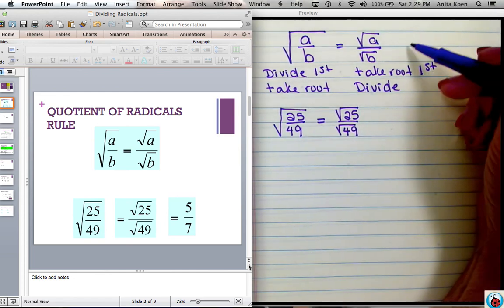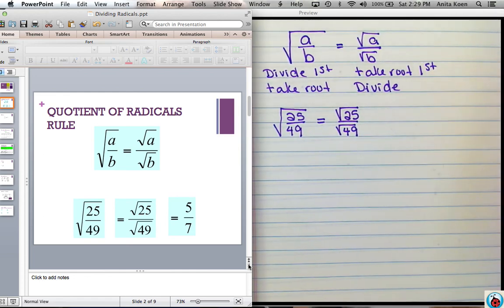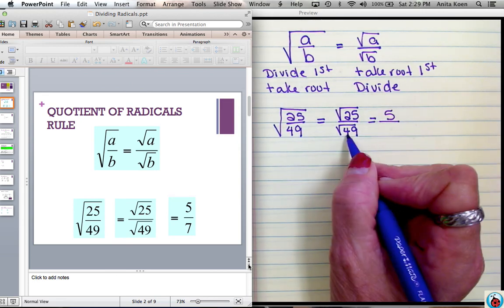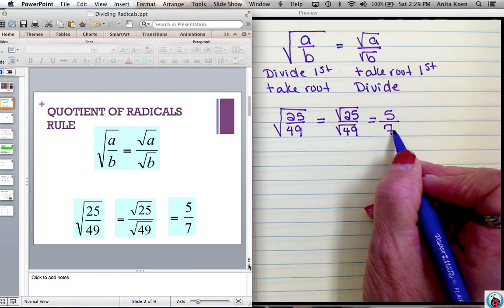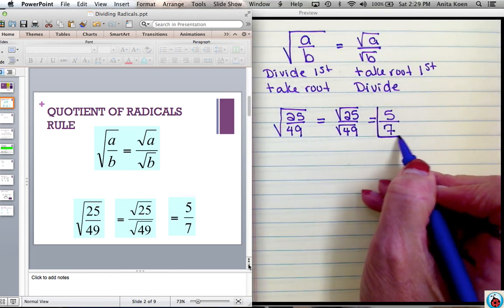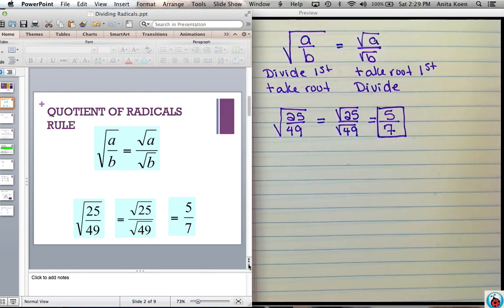I want to follow this second method. So I want to take the square root of 25, which is 5, and the square root of 49, which is 7, and then I want to ask myself, am I able to simplify 5/7? And no, I can't simplify that, and it doesn't divide evenly, so my answer is 5/7.